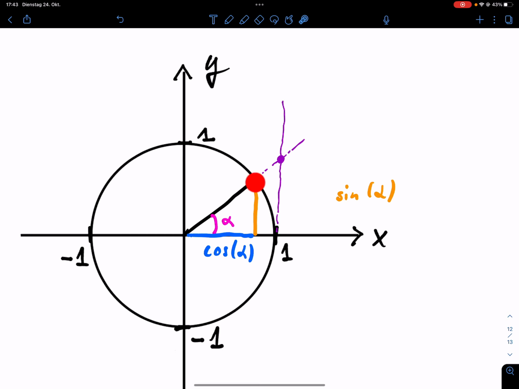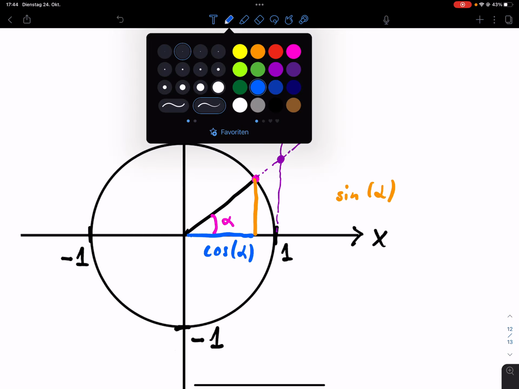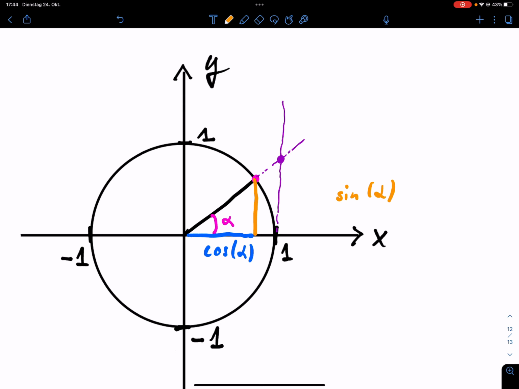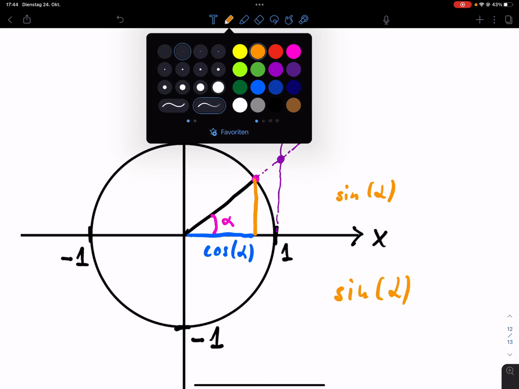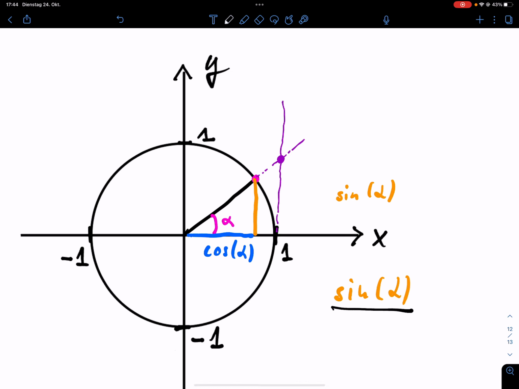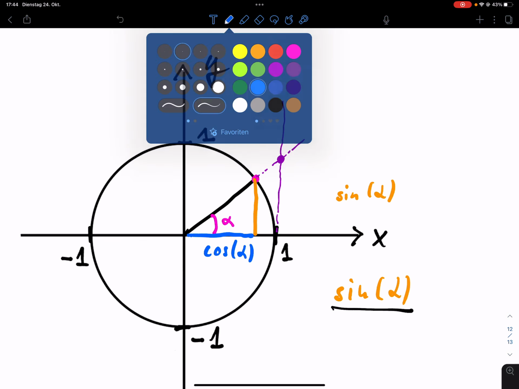So if I take orange divided by blue, or vertical divided by horizontal, then this should give me the same thing as when I do this in the large triangle, this vertical divided by that horizontal side. And note that if I do that, I have sine of alpha divided by cosine of alpha in the small triangle.